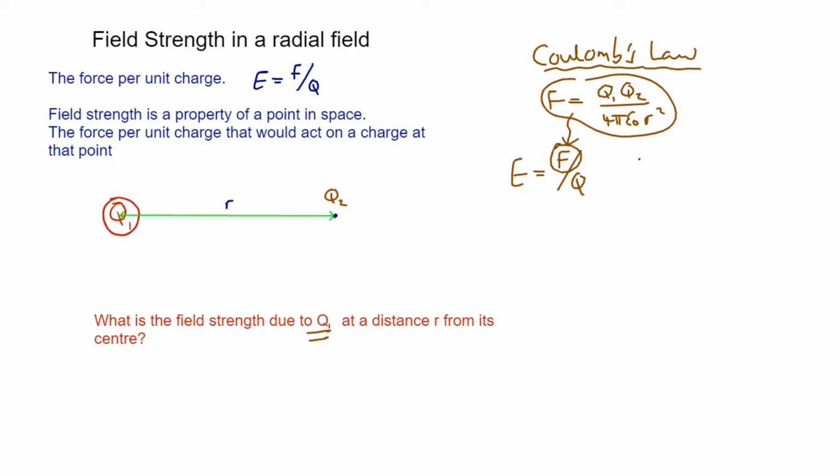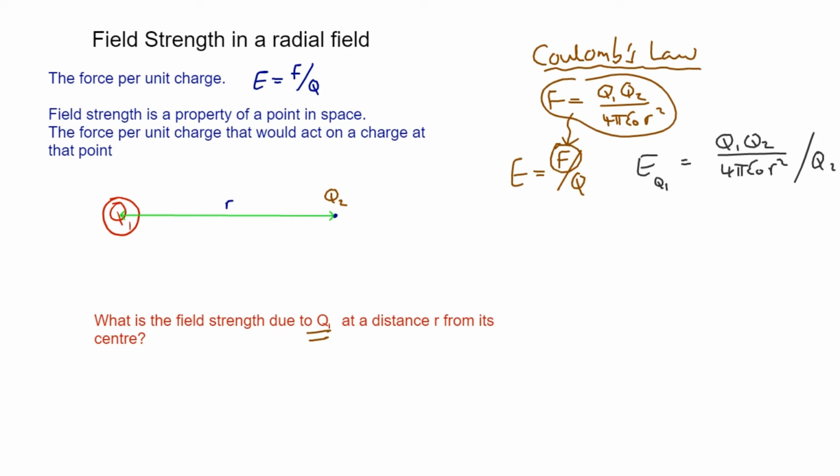So the electric field strength due to Q1 is equal to the force on Q2 in the field of Q1, as we had from Coulomb's law, divided by Q2, because we want the force on 1 Coulomb. So if Q2 was 5 coulombs, and we want the force on 1 Coulomb, we need to divide by 5, because the electric field strength is the force on 1 Coulomb.